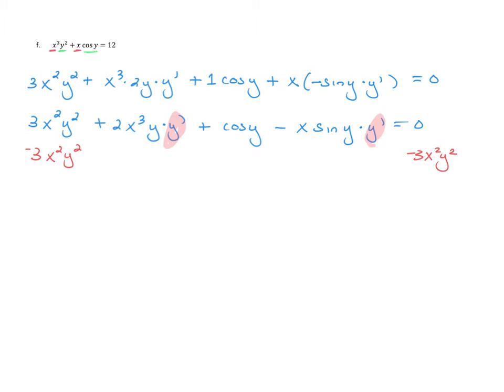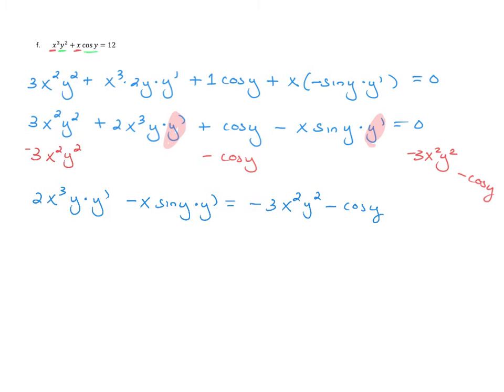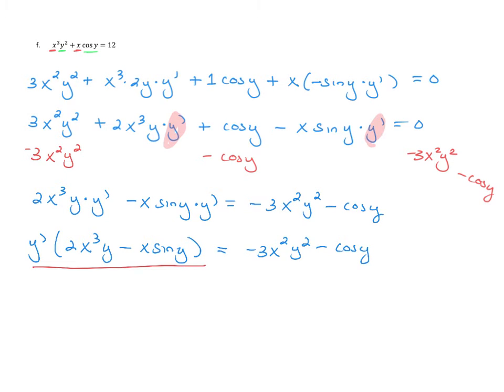And I also want to subtract this cosine of y. And what I get is 2x cubed y times y prime minus x sine y times y prime is equal to negative 3x squared y squared minus cosine of y. I'll factor out the y prime on the left. And I'm going to divide both sides by this stuff.